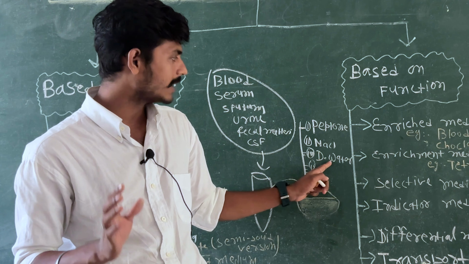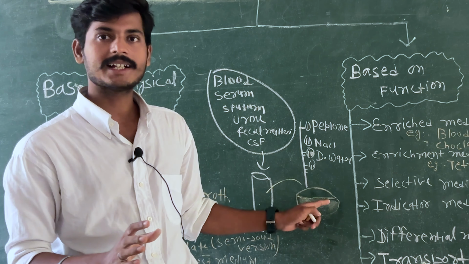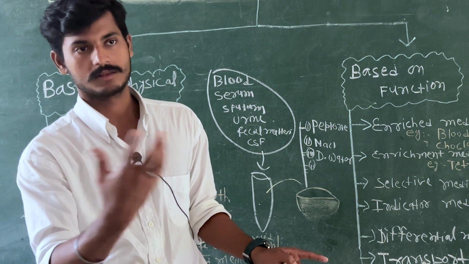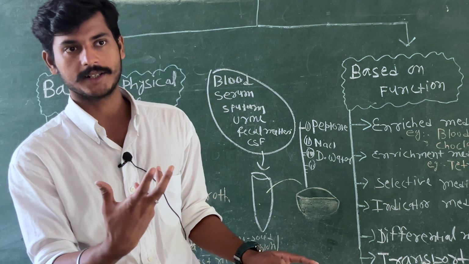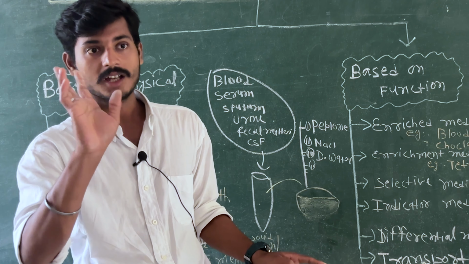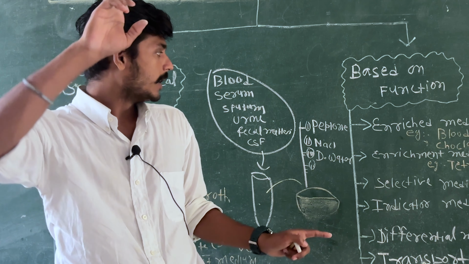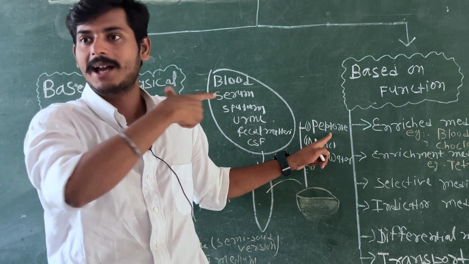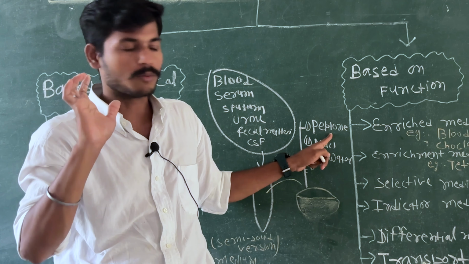Carbohydrate is not that much needed. Basically the meat extract provides a whole bunch of nutrients. It does have protein, but specifically for fulfilling the protein requirement of the bacteria, we have the peptone water.